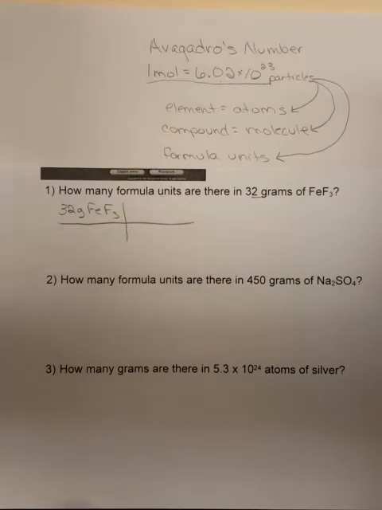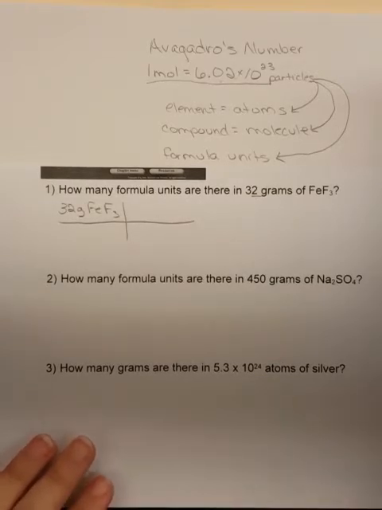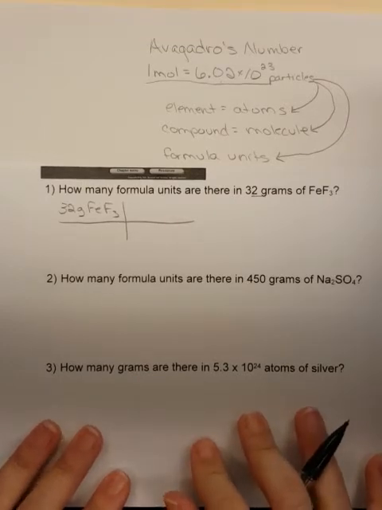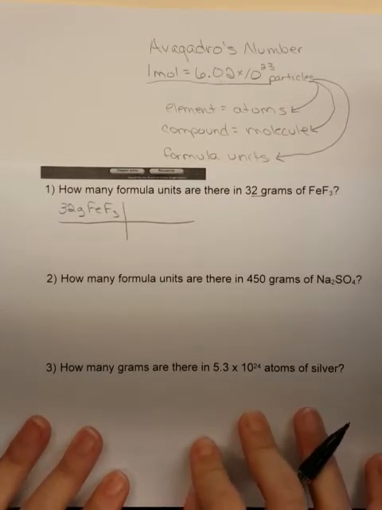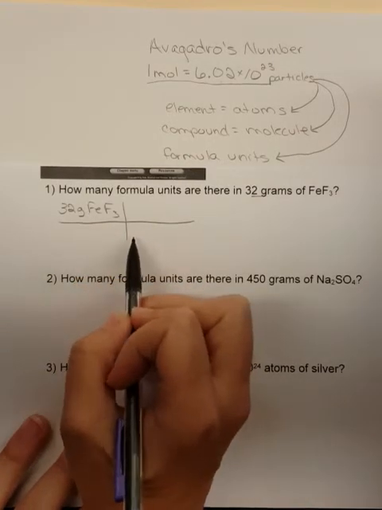So if you add up the mass of iron and 3 fluorine, you should get 112.85. So then you have to figure out where you're going to put that, on the top or the bottom. Well, it's 112.85 grams per mole. I have grams here. I need grams down here.